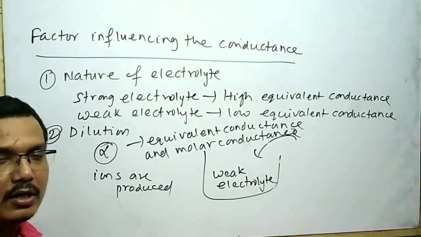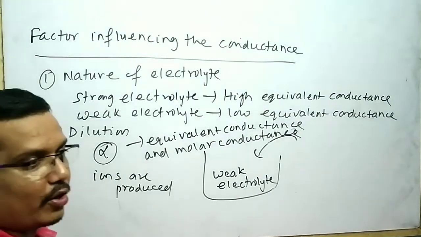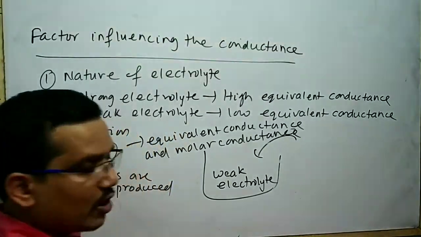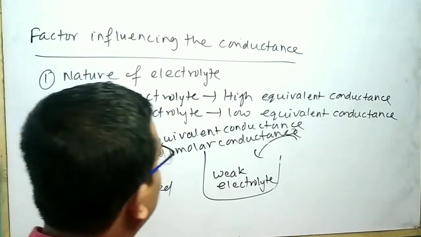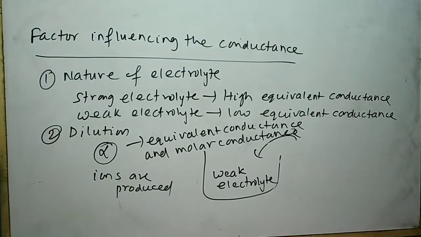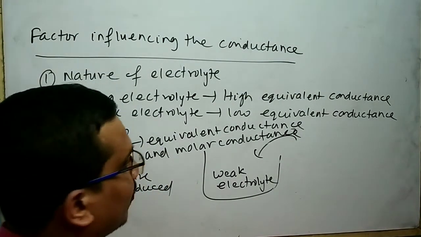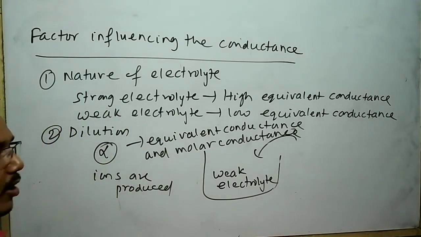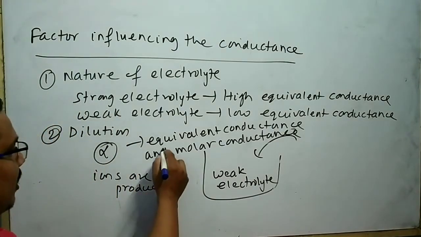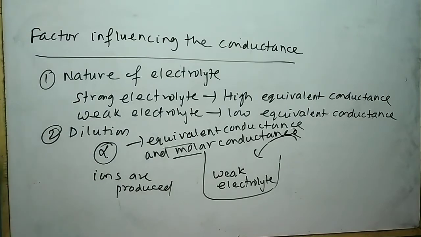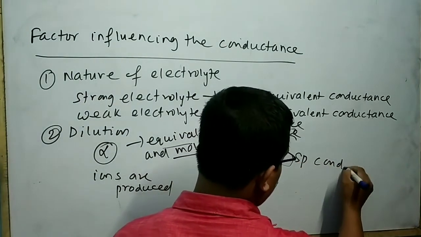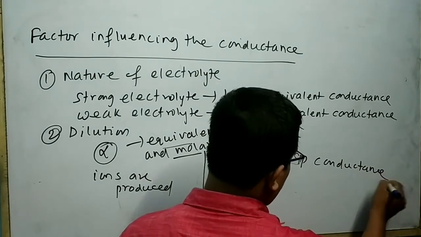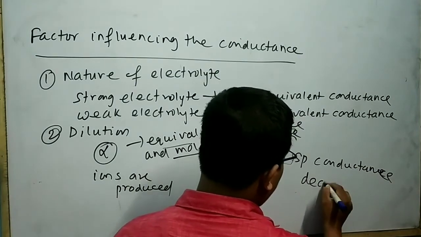As a result, the number of ions per unit volume goes on decreasing. That's why the specific conductance decreases. Remember an important point: for weak electrolyte on dilution, the equivalent conductance and molar conductance increase, but the specific conductance decreases.